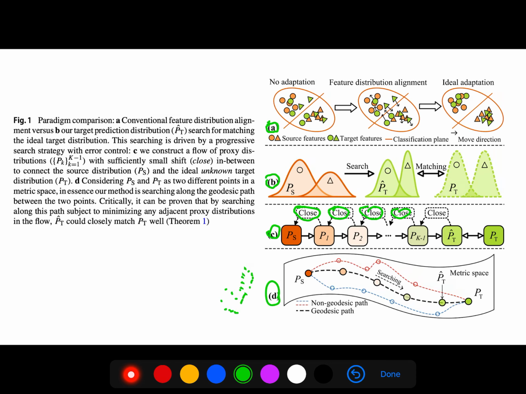And indeed, we see that considering P sub S and P sub T as two different points in a metric space. So we are looking at distributions as points in a metric space. This is the framework that we do in functional analysis in mathematics, in modern versions of reproducing kernel Hilbert spaces.